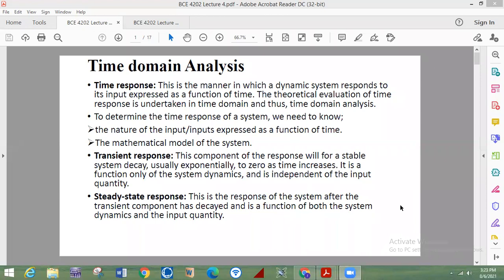Previously we saw in our earlier discussions that systems or plants which we as control engineers aim to control or to design are not static. In other words, they are dynamic.